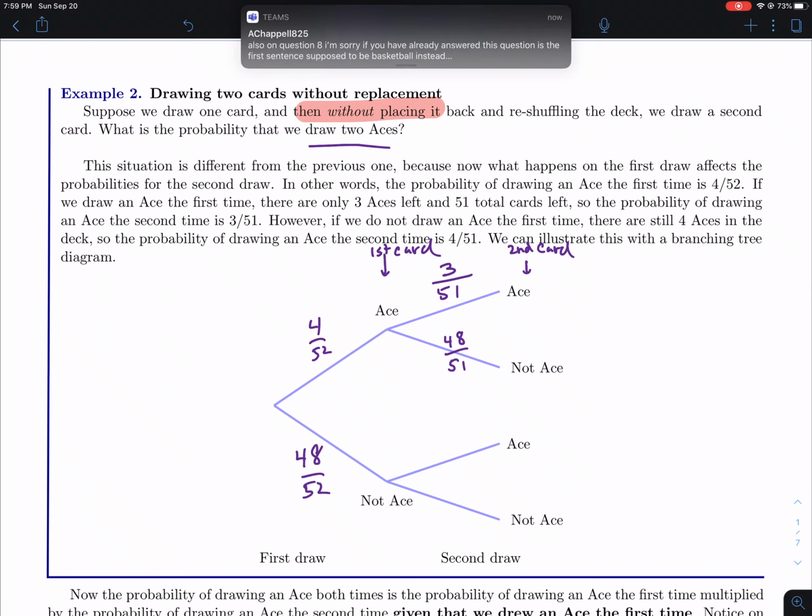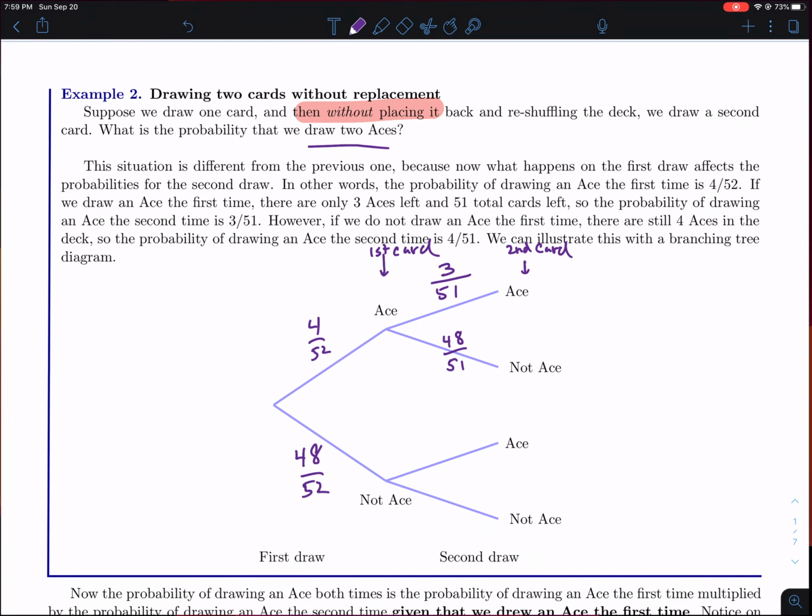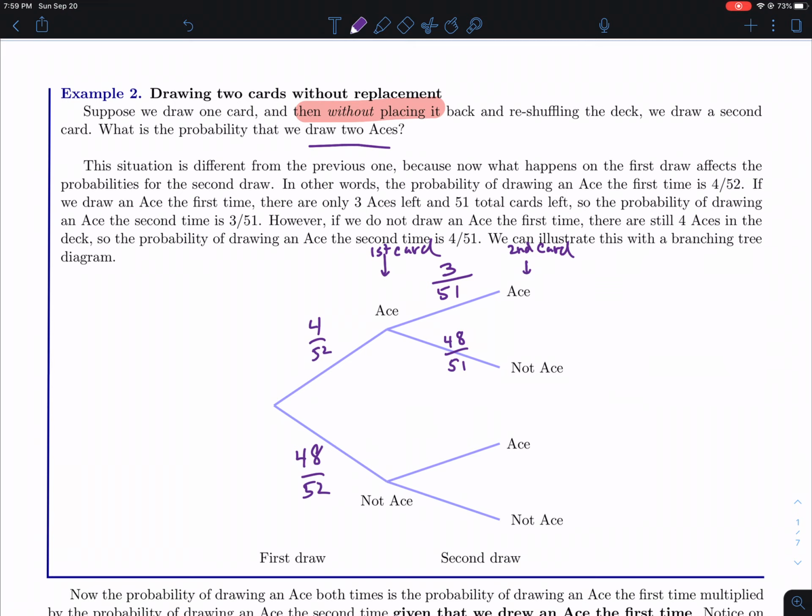All right, same thing if we continued on this branch, 48 over 52. If we got an ace this time, the probability of getting an ace is 4 out of 52, since an ace is still in the deck because we didn't get an ace the first time, but there were 51 cards left because we already used one.